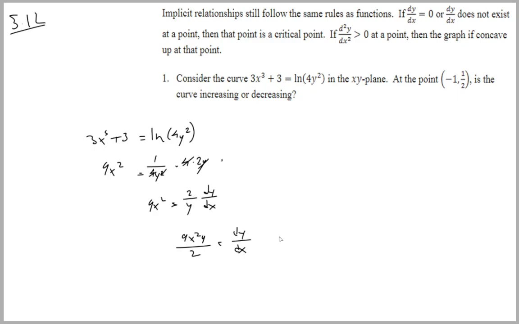And now all we have to do is solve at the point (-1, 1/2).